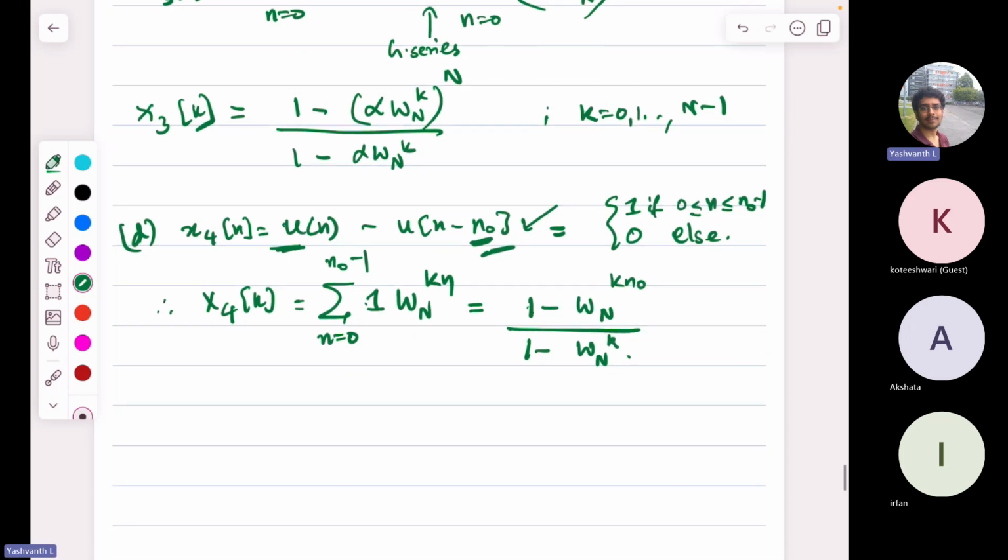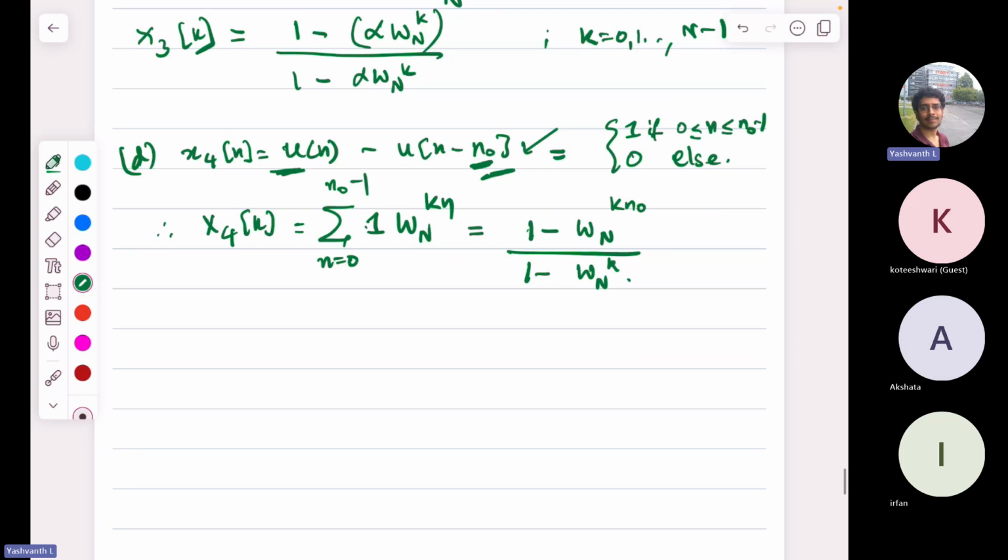You can simplify this even a little more. For example, take W_N power k n naught by 2 common in the numerator and W_N power k by 2 common in the denominator.